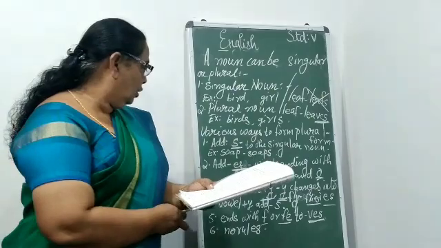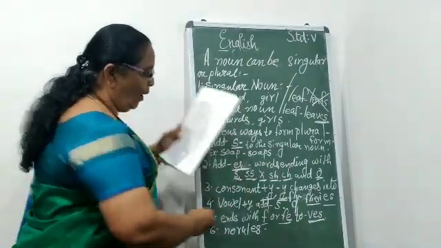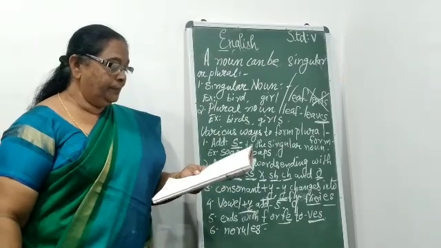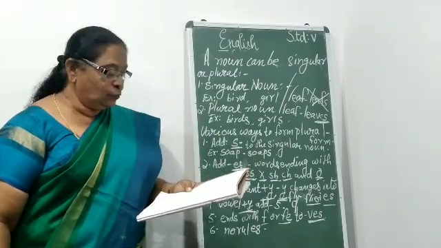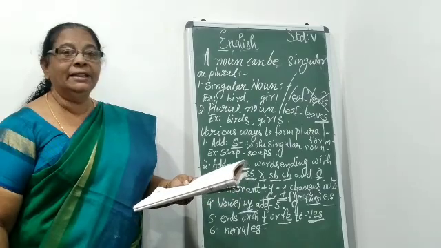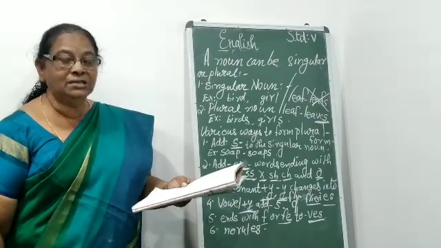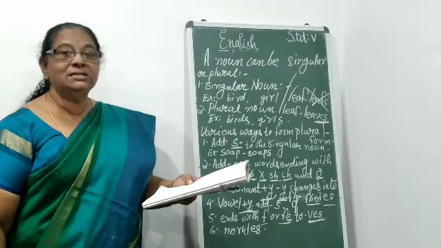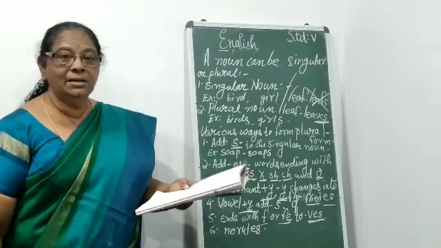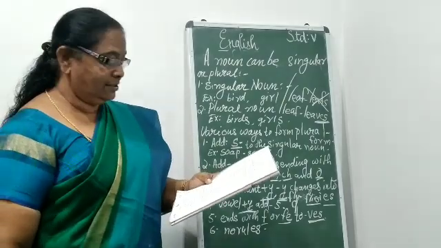Then coming to the fourth rule, vowel y. What is the meaning of vowel y? The word ends with y and there is a vowel sound before it, so we will not change the y, we will write s there.